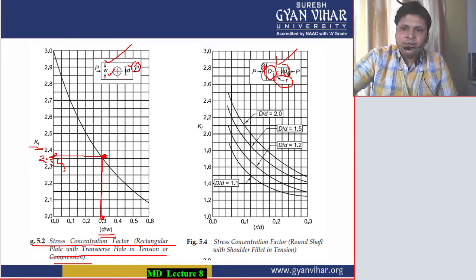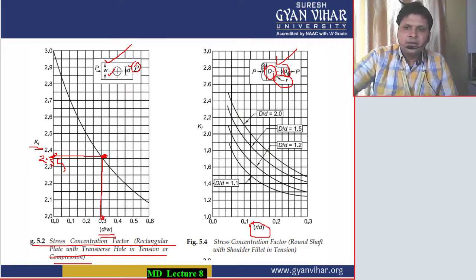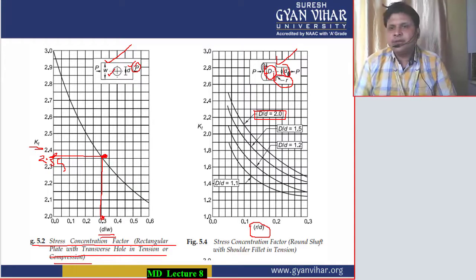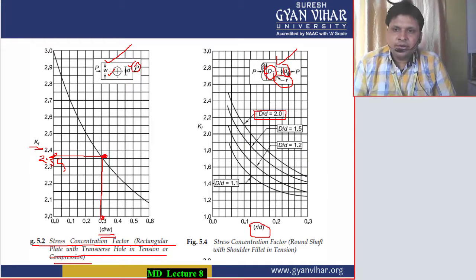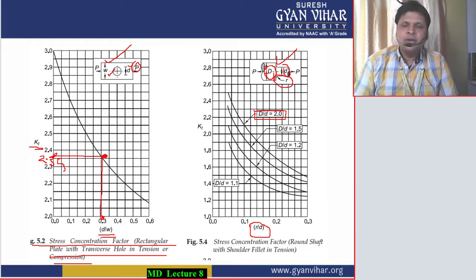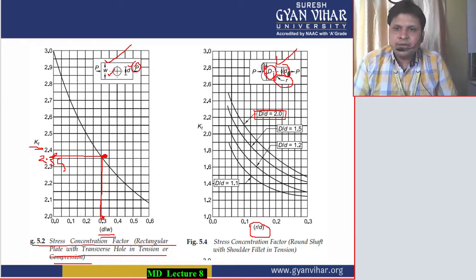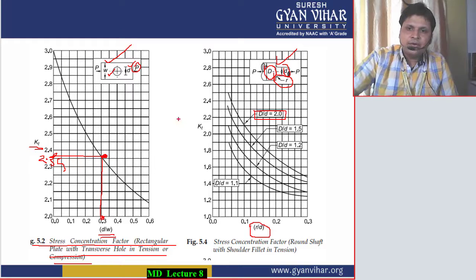Now if you have the value of r by d, meaning the fillet radius divided by the small diameter of the shaft, and also the value of capital D by small d, where capital D is the bigger diameter and small d is the smaller diameter, then from these parameters, r, small d, and capital D, you can calculate the value of KT. How? Let me show you.